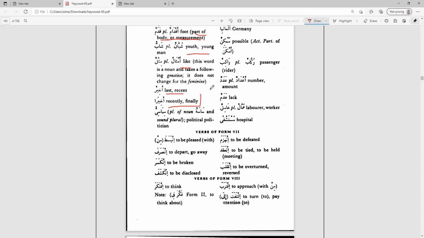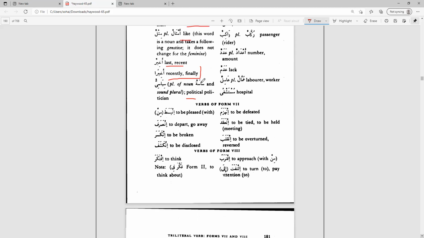Akhiran means recently, finally. Siyasiyun means political. The noun is siyasatun. The plural of the noun siyasat, I think it should be siyasatun. No problem.